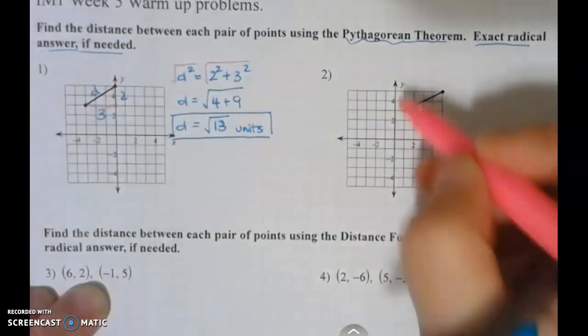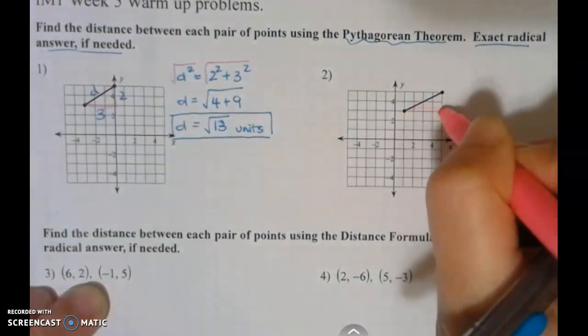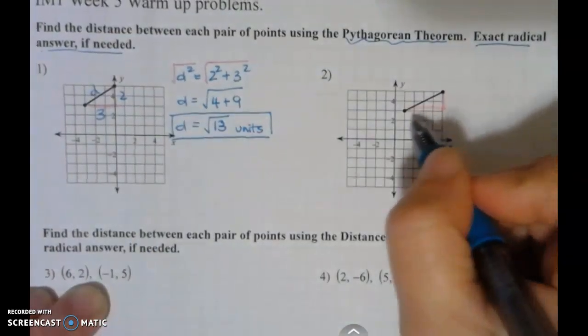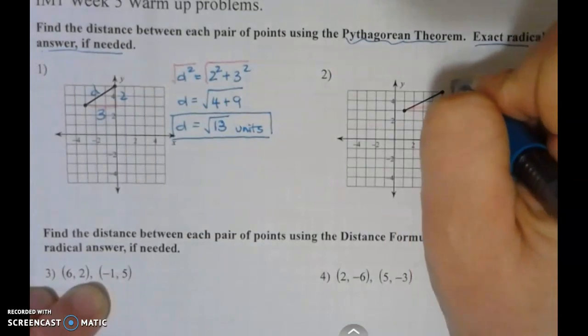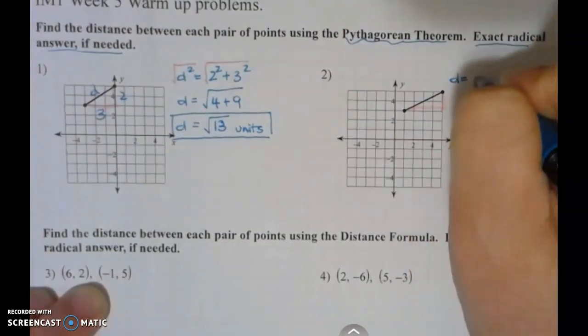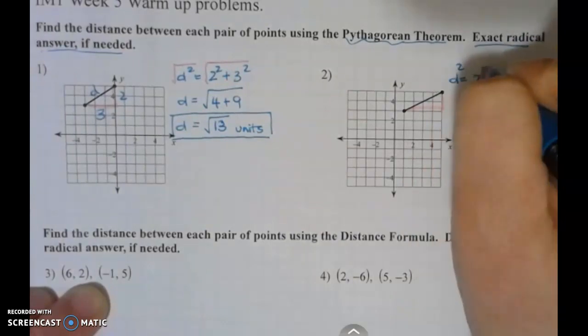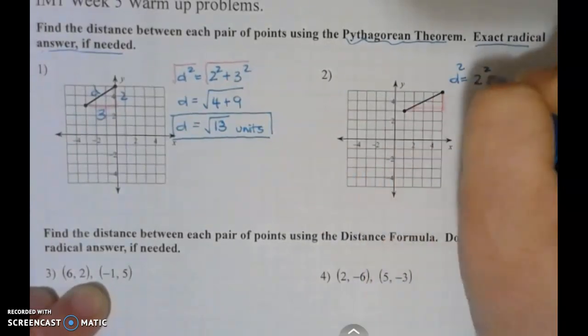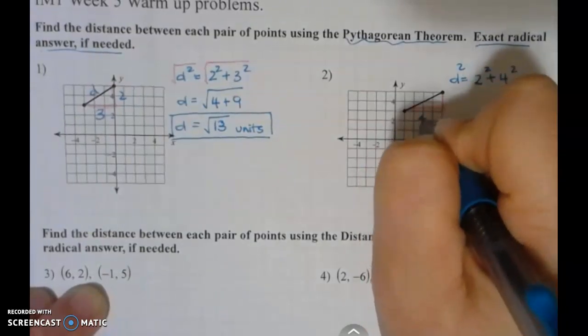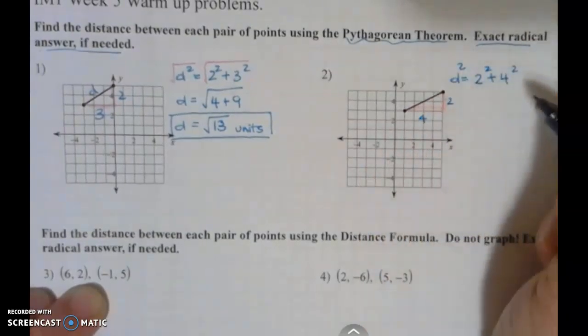Again, we are going to use the Pythagorean theorem by creating a right angle triangle. Again, d squared is, what is this height? This is 2 again, plus, what is the base? That's 4 units, because this is 4 units here and up here is 2 units.